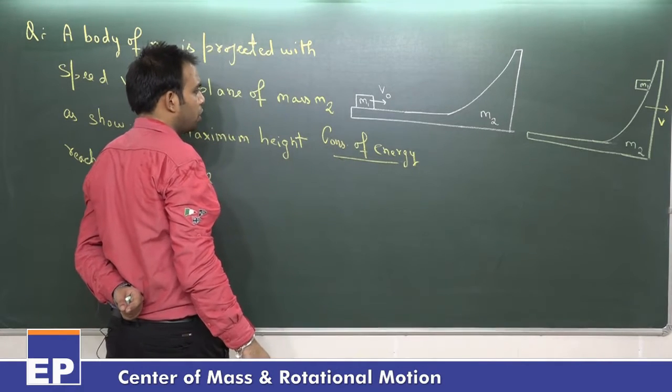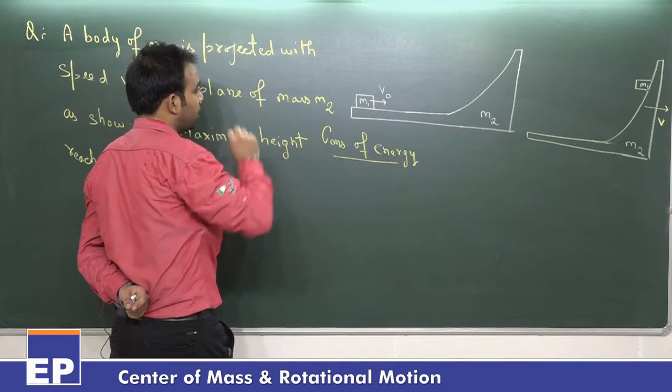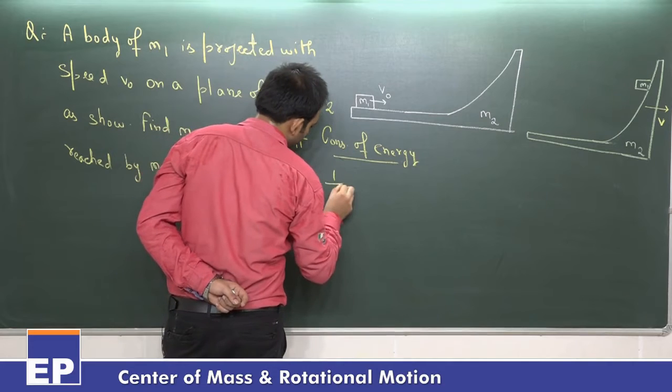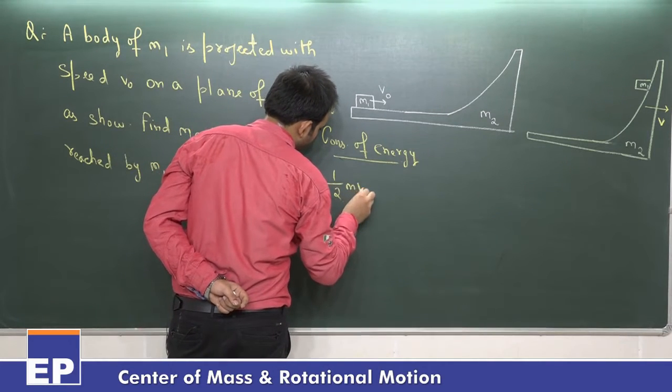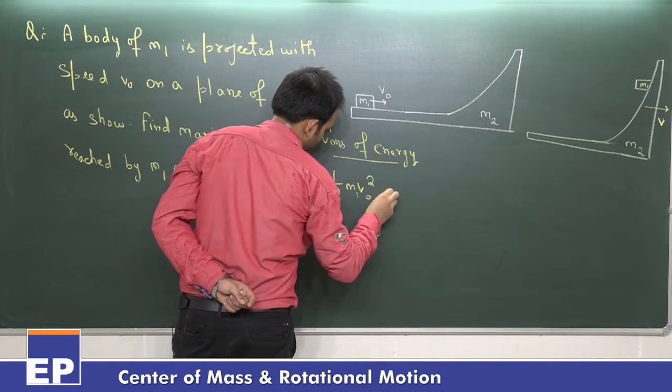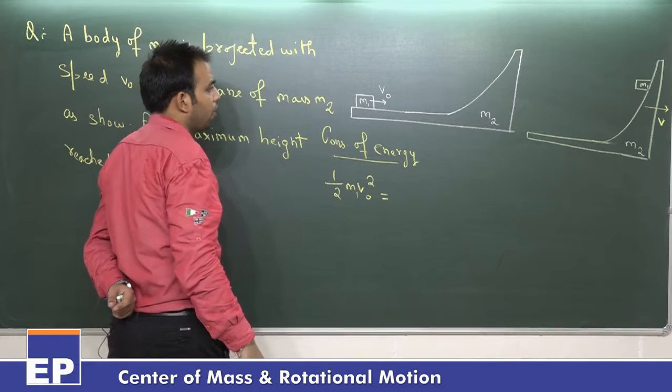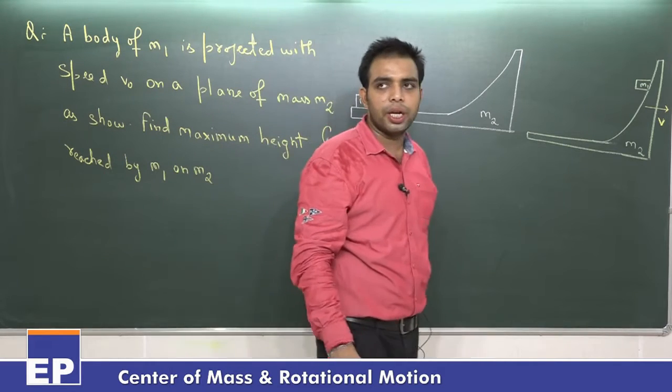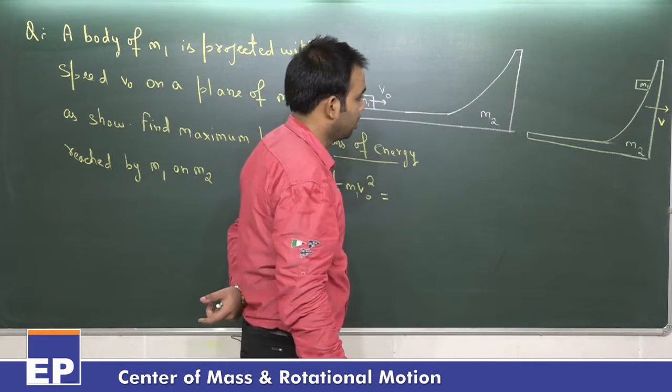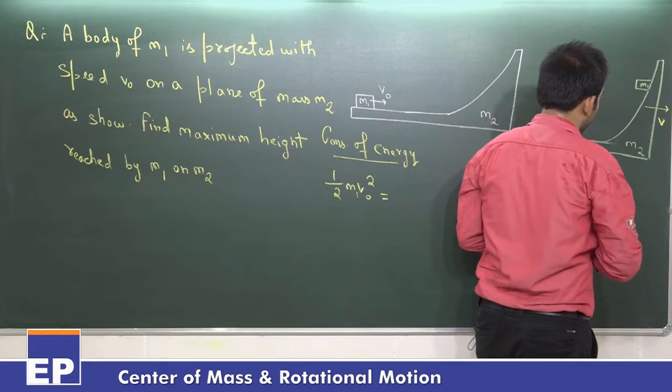If we use the conservation of energy, initially it has only kinetic energy, half m1 v0 square. And in the end it will have both kinetic energy as well as potential energy. Suppose it rises up to a height h.